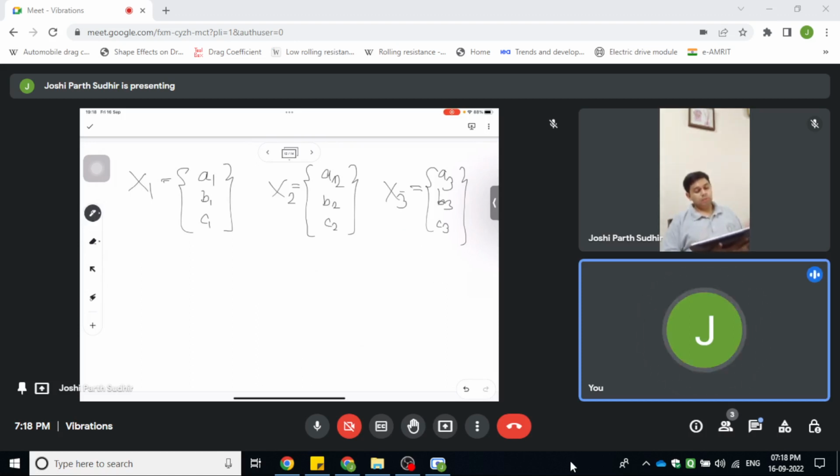So we can represent each eigenvector as mode shapes. So we can just write like a1, b1, c1, whatever. And so we can basically plot the mode shapes in this way. So similarly, it can be ai, bi, ci, i equal to 1, 2, 3, and this is how we can basically plot the mode shapes.